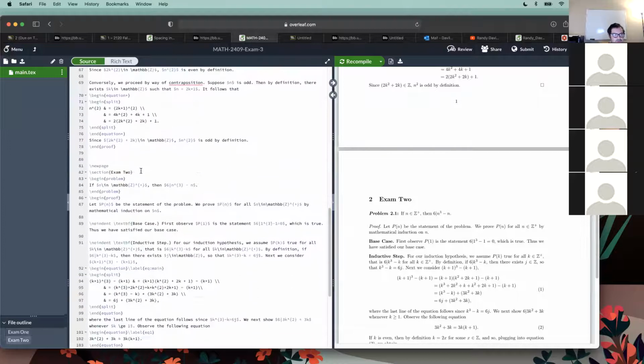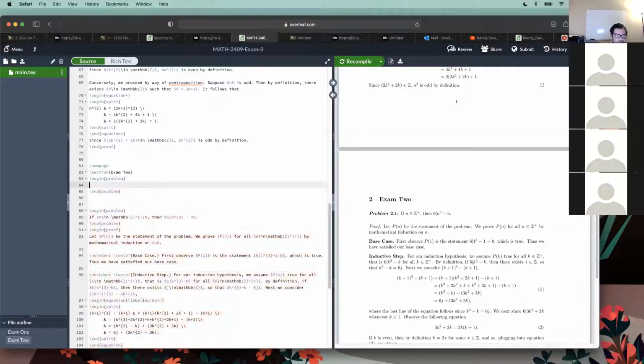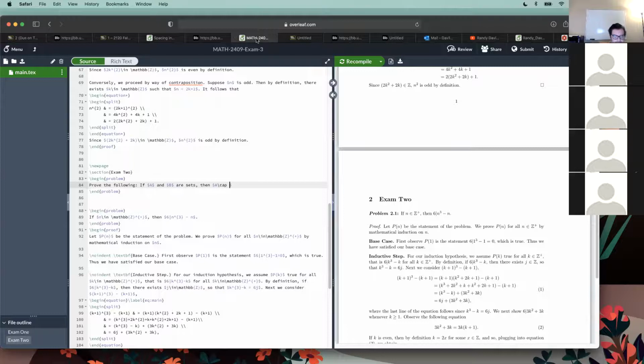Okay, so going down to section 2. Begin problem. Prove the following. If A and B are sets, then A cap, if you looked up the intersection symbol, you'd see that it's cap, A intersect B minus A, B minus A is equal to the empty set.